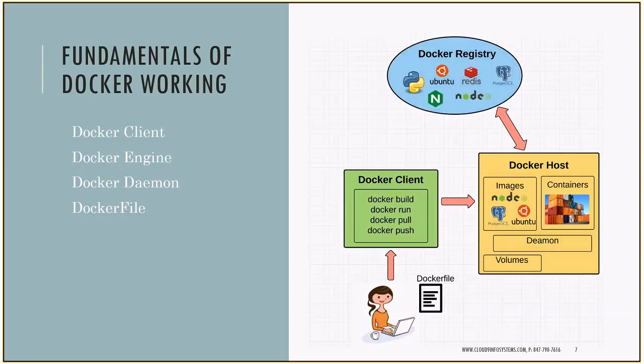Your images are read-only templates that you build from a set of instructions written in your Dockerfile. Images define both what you want your packaged application to look like and its associated dependencies, and the type of processes that you want to run when it is launched.